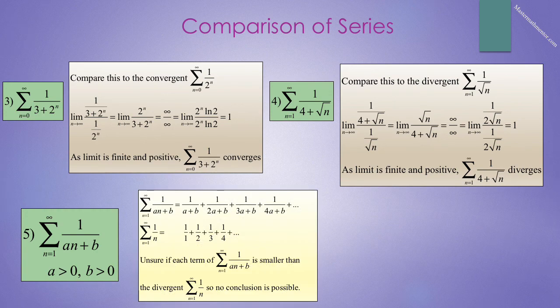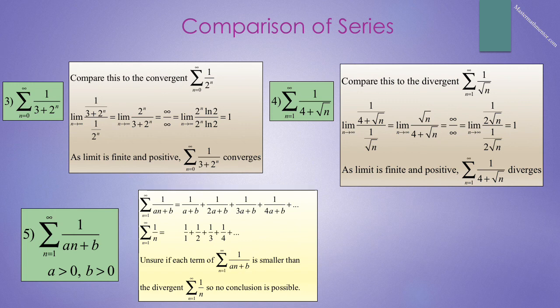In doing the direct comparison test, we will first write our series, summation n equals 1 to infinity of 1 over an plus b, as 1 over a plus b plus 1 over 2a plus b plus 1 over 3a plus b plus 1 over 4a plus b plus dot dot dot. Our benchmark series will be summation n equals 1 to infinity of 1 over n, which is 1 plus a half plus a third plus a fourth plus dot dot dot.